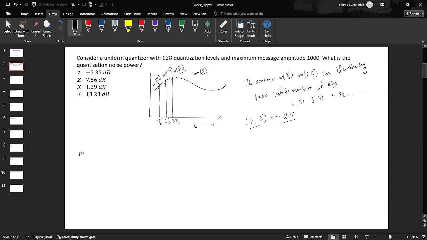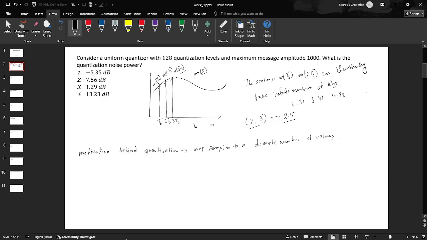So the main motivation behind quantization is that you have to map the samples to a discrete number of values.